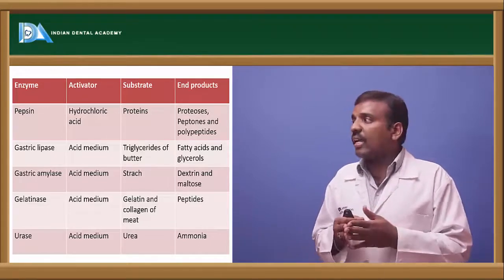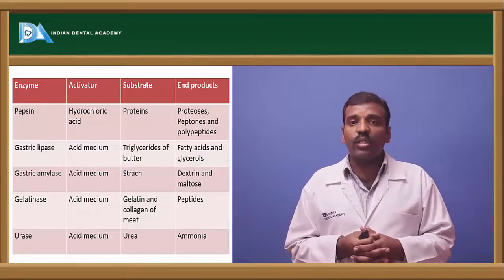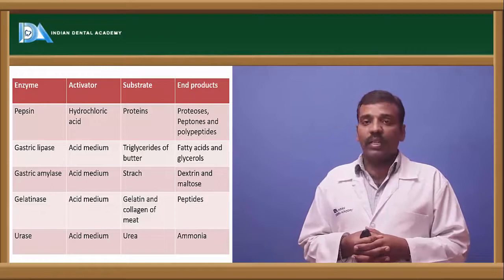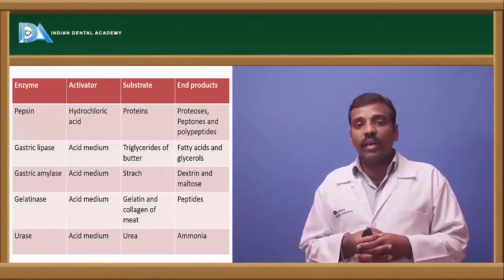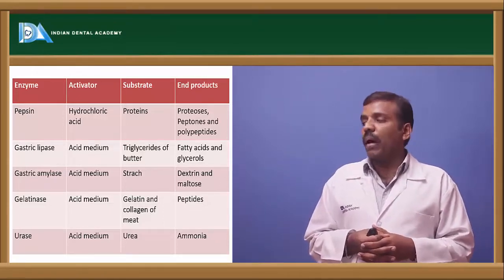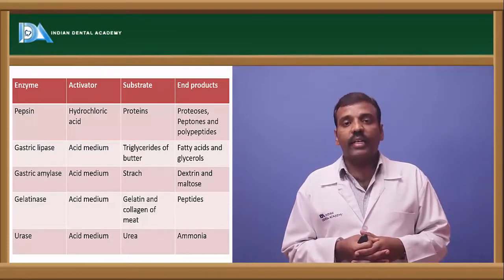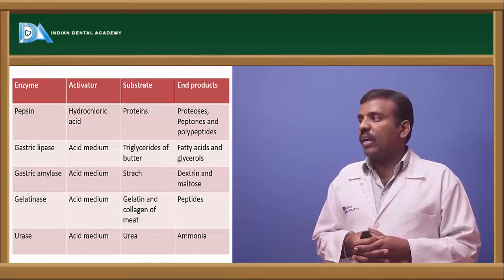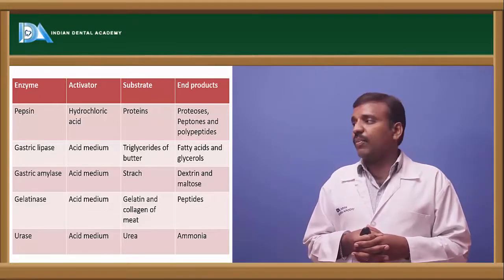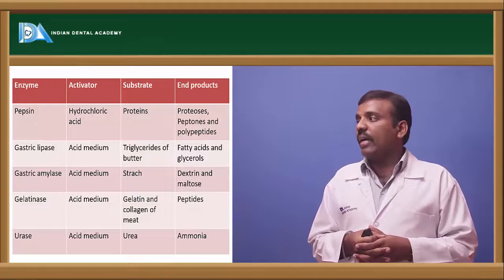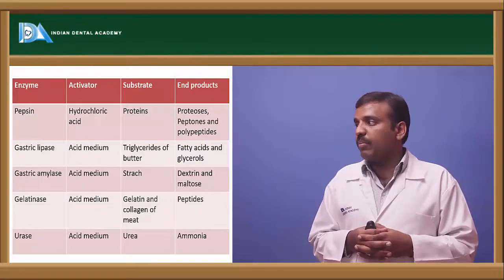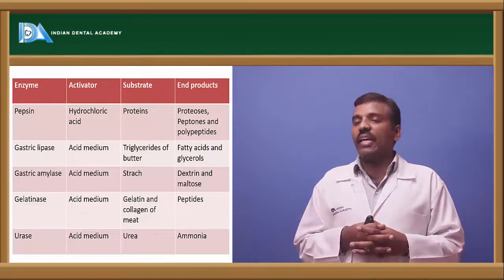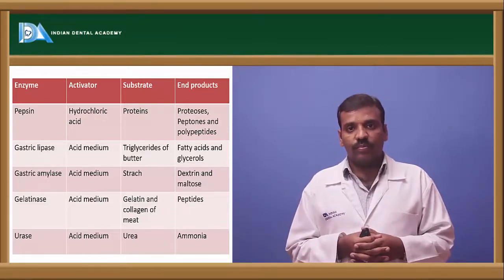Pepsin converts the proteins into proteoses, peptones and polypeptides. Next is gastric lipase, activated by the acid medium, which converts the triglycerides of butter into fatty acids and glycerol.